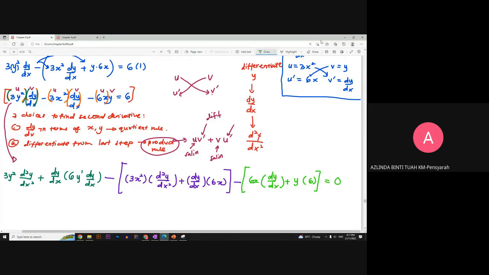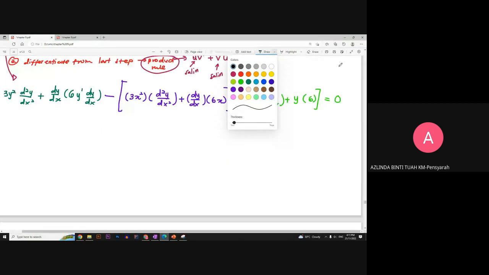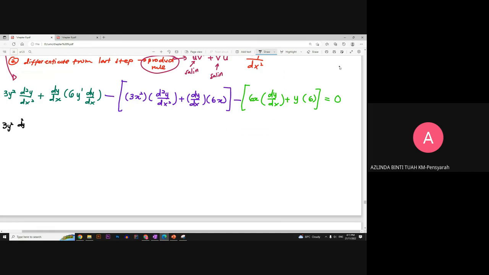Differentiate constant. Okay, so sekarang kita akan get rid of semua bracket by multiplying all of them. What do we have now? First term doesn't change. Sini, okay, sini letak dia punya constant dulu dekat luar. 6y. And then you can see dy dx darab dengan dy dx, jadi dy dx bracket square.